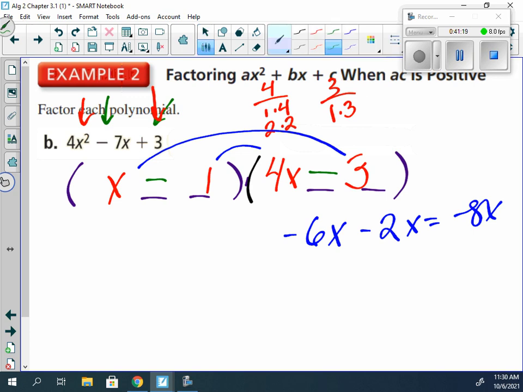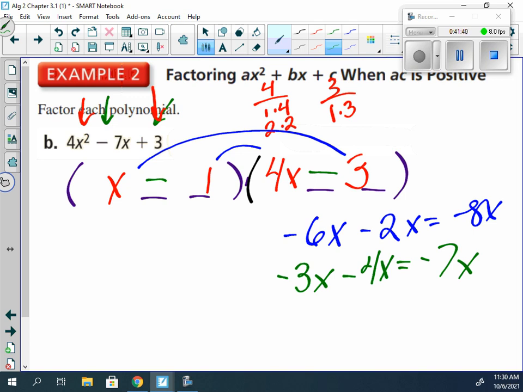And we can check it again. X times negative 3 is negative 3x. Negative 1 times 4x is negative 4x. And negative 3x minus 4x is negative 7x. And that's it.